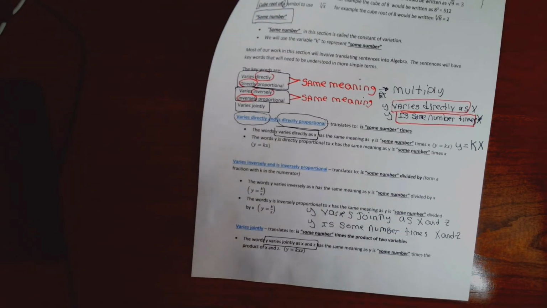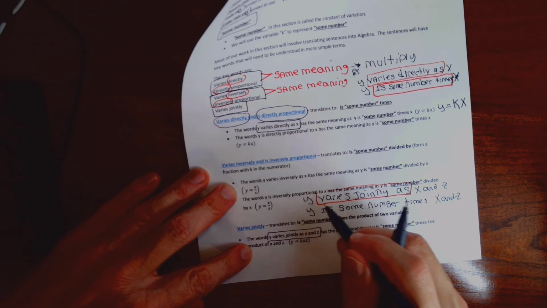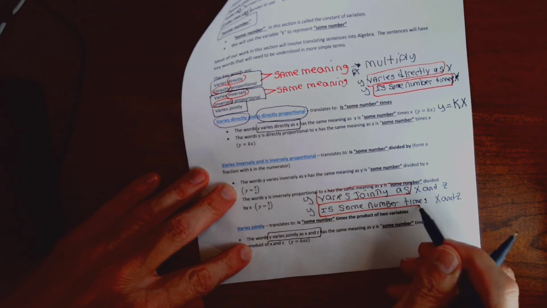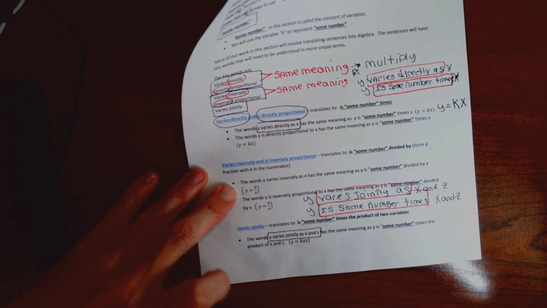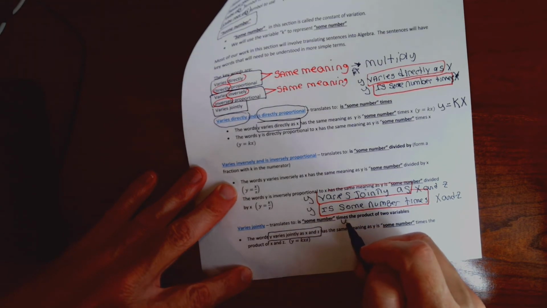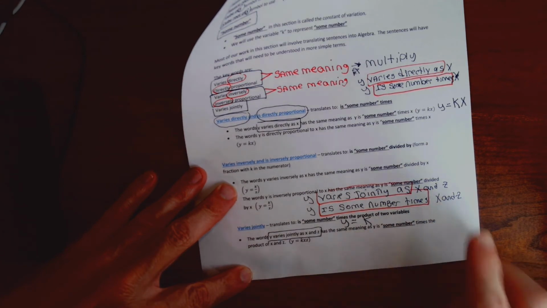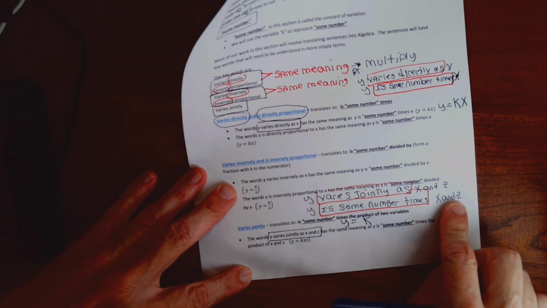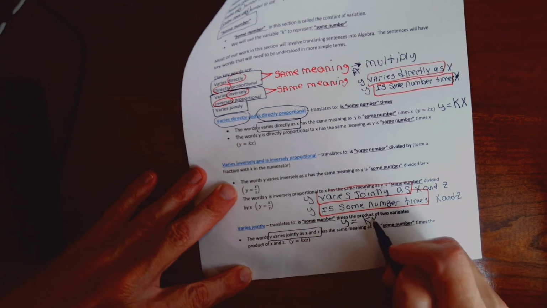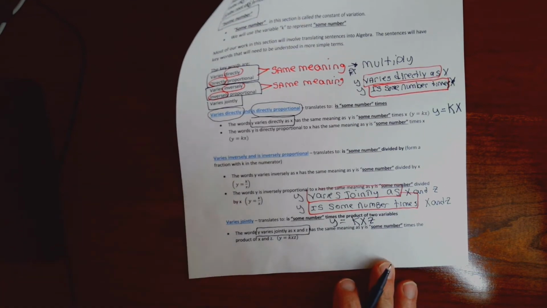Very specifically, the "varies jointly as," I'm going to change to "is some number times." And similarly, if I want to make an equation out of this, the variable y is going to stay a y, the "is" is going to be an equal sign, the some number is going to be a k, and then after the k I'm going to multiply x and I'm going to multiply z. It's multiplication and there's two variables after the k.